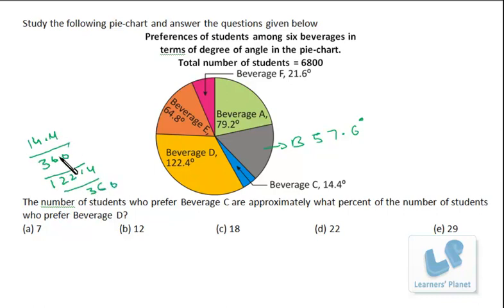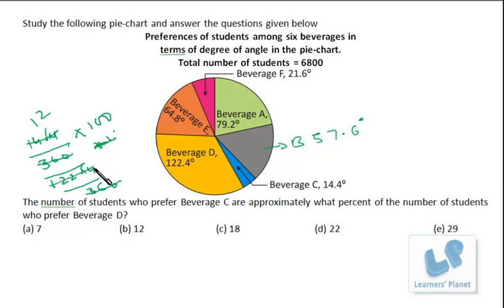We have to find out this percent from this. So into 100 over here. It's not necessary for us to take 6800 because here and here both the places it will come, so finally it will get cancelled, right?